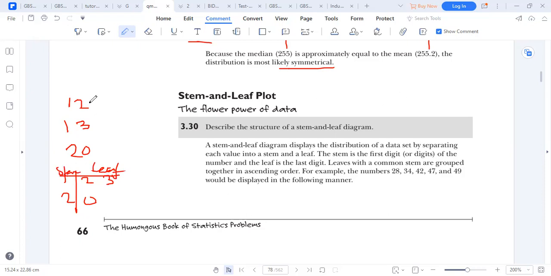Suppose we had 123, 334, 205. These ones are what? The stems. So we're going to put 12 and 3, that's 123; 13 and 4, 134; 20 and 5. So the last number is what qualifies to be the leaf, in short. Even if we had 1001, 100 will be the stem and the 1 will be the leaf.